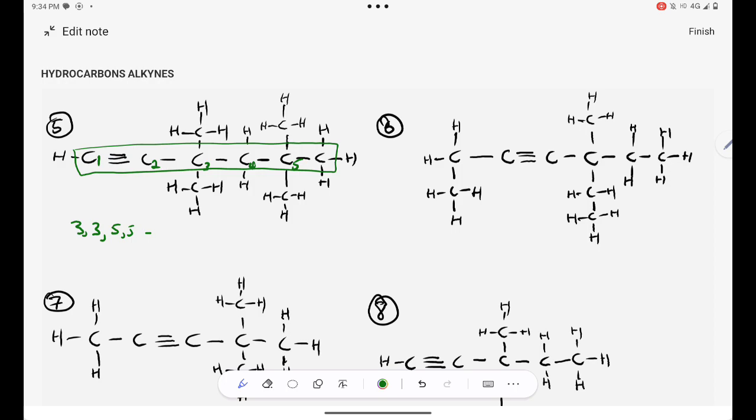Since I have 4 of the same side chains, the IUPAC name over here will be 3,3,5,5-tetramethyl. The parent chain has 6 carbons, so this will be hex-1-yne.